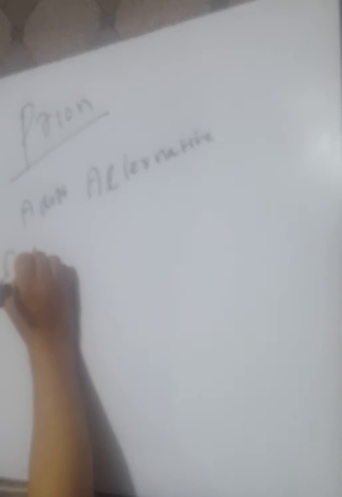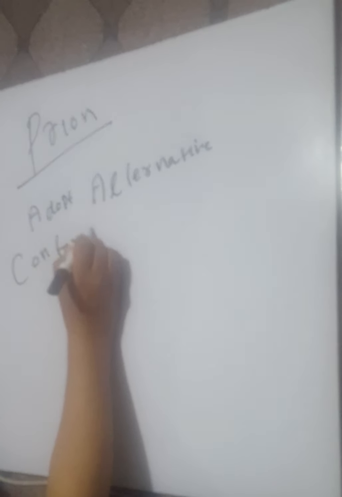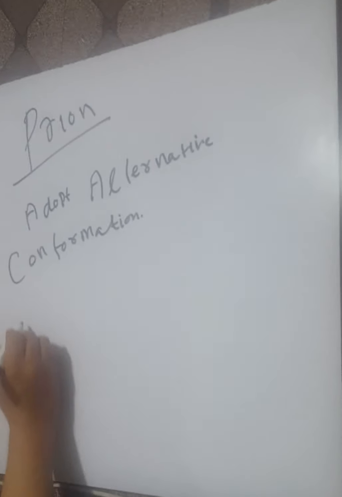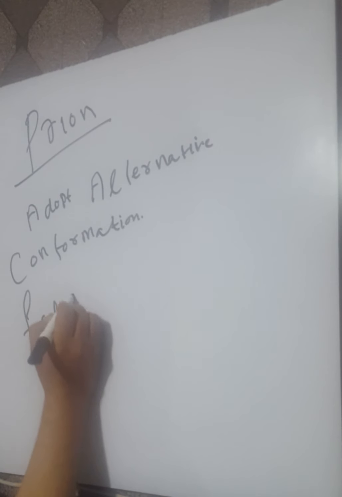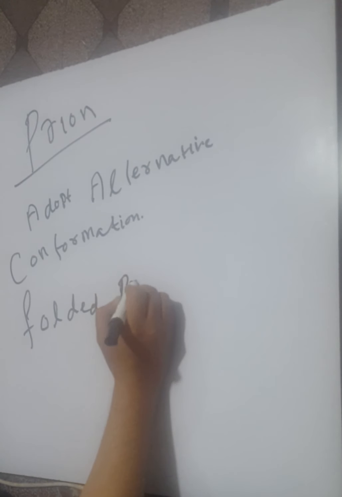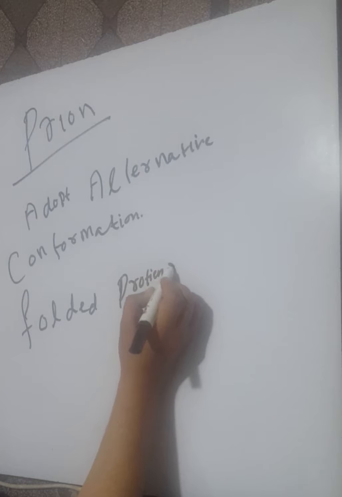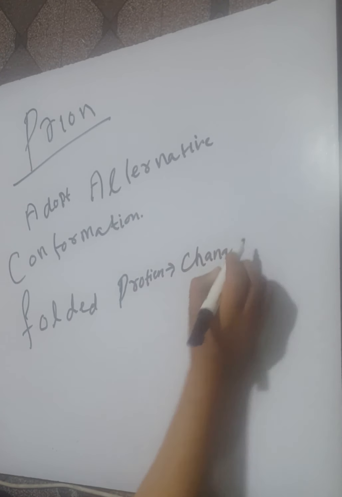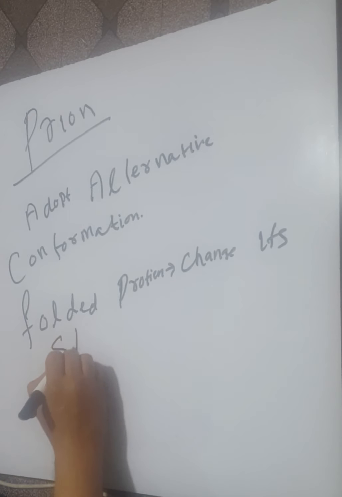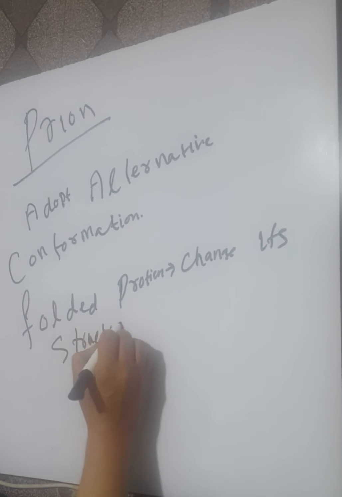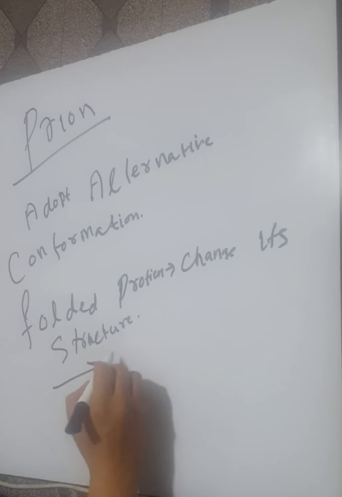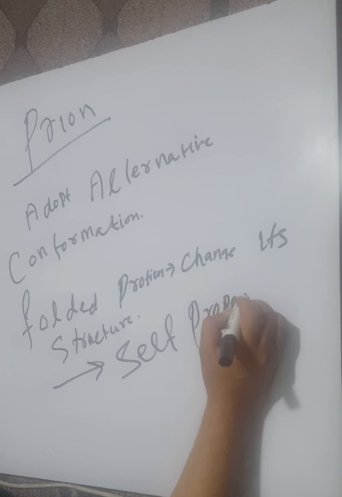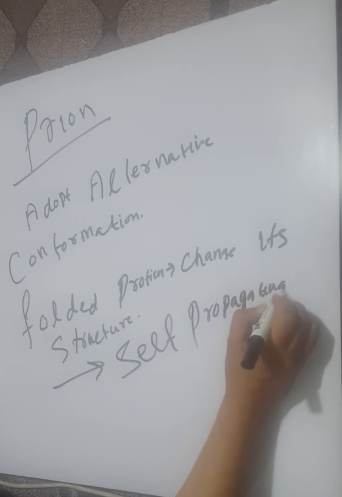In other words, prions are folded proteins that can change their structure. They have self-propagating properties.